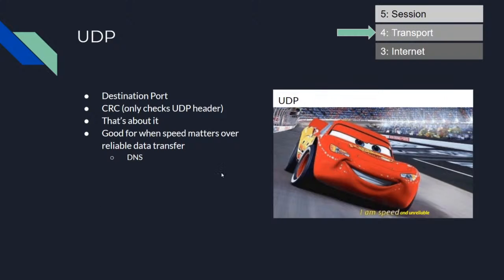So that's a little overview of DNS, which uses UDP, unless you're talking about DNS over HTTPS, which is a whole different monster that uses TCP. We're not going to get into that. All right.